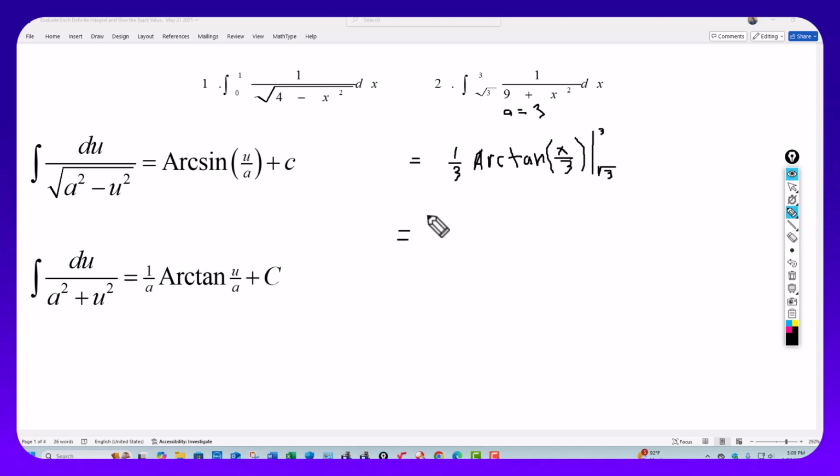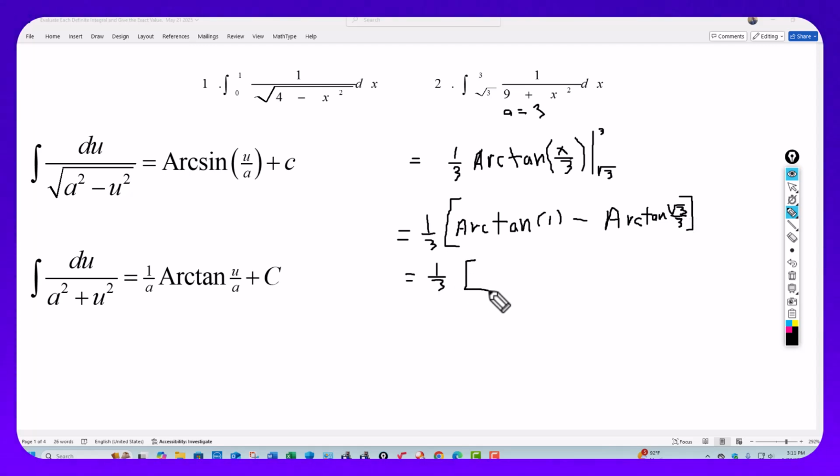So it would be equal to 1/3. Evaluate at the upper limit, that'll be 3 here. So it'd be arctangent of, put a 3 there, 3 over 3 would be 1, minus, this is multiplied by 1/3 here, minus arctangent, put in the square root of 3, so it'd be the square root of 3 over 3.